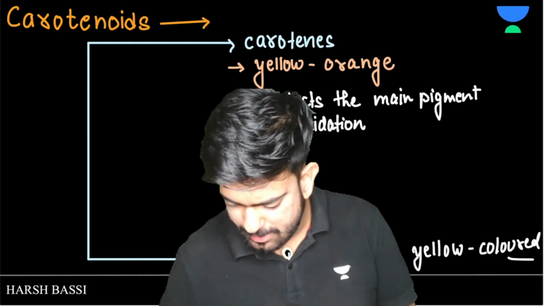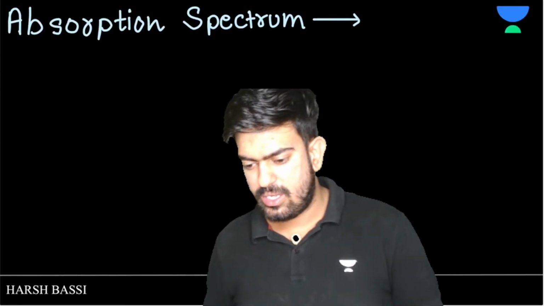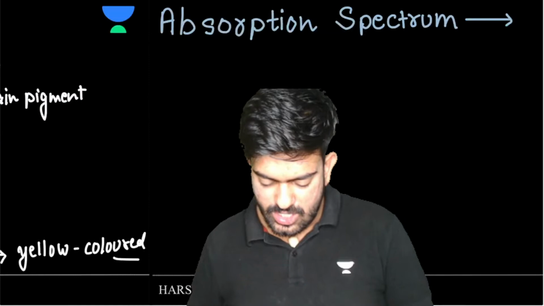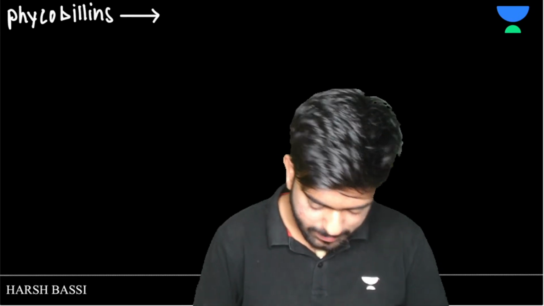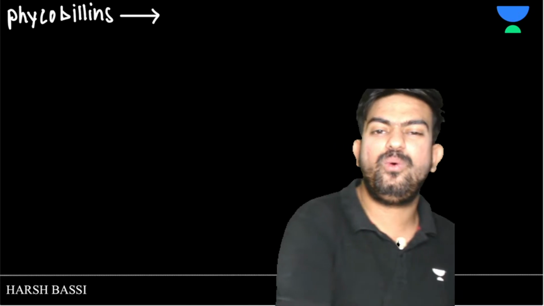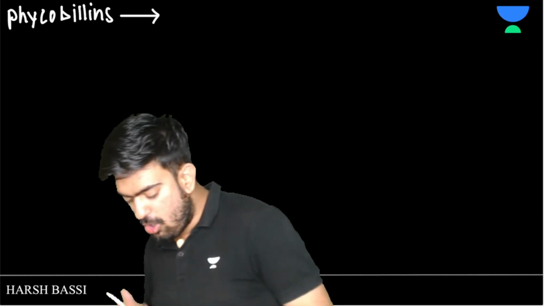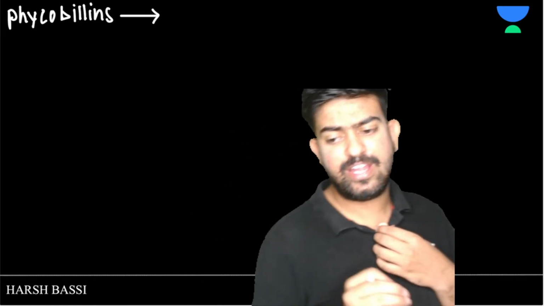Okay, there is one more pigment which I am going to discuss here, which is phycobilins. Phycobilins are that kind of pigment which, if you pour hot water, are going to dissolve.